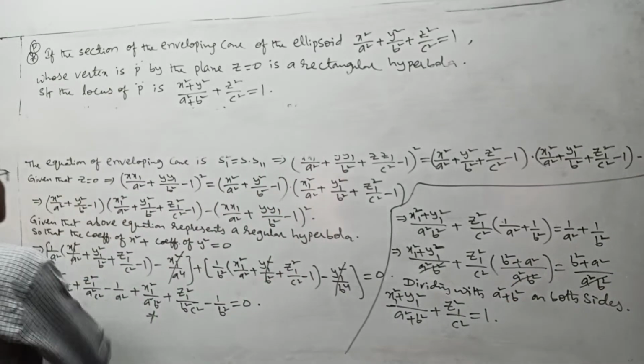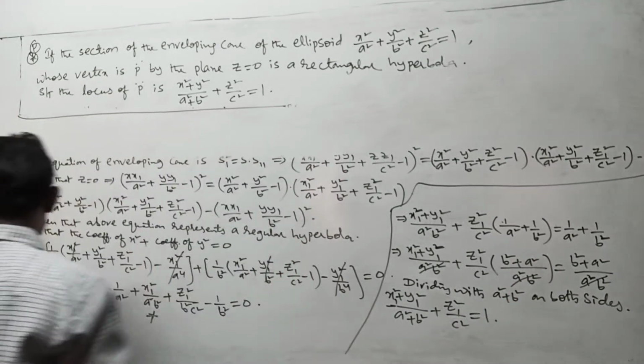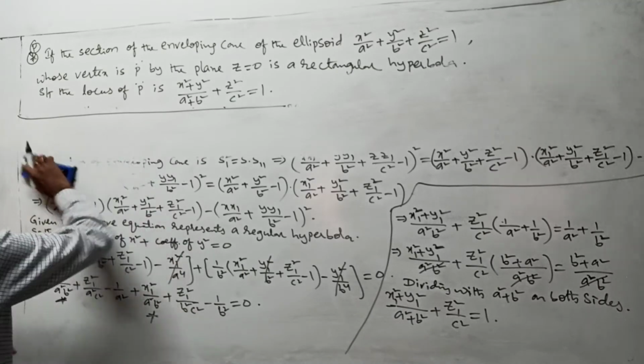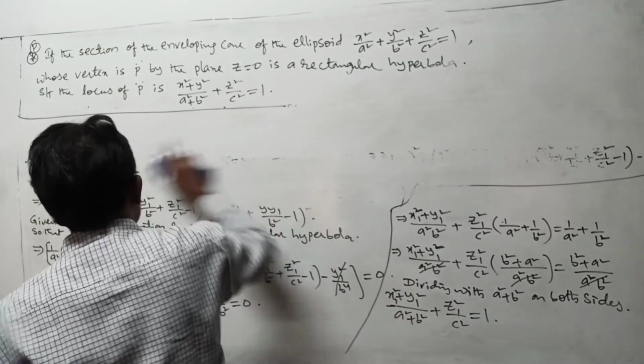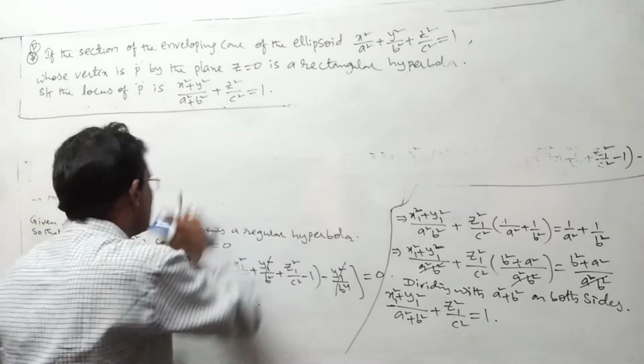After getting this, simply define the locus of point P. Just go through the locus of your point P, you get your required result. That I am writing because we are not having space.